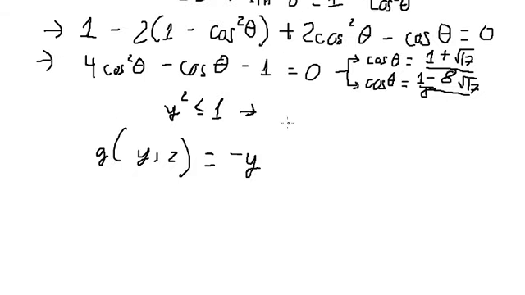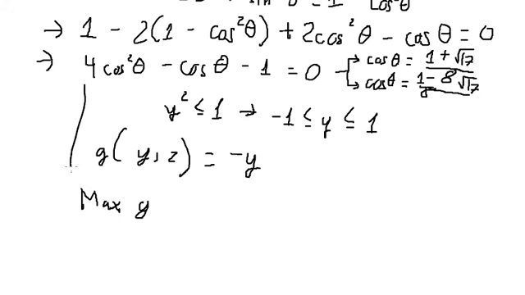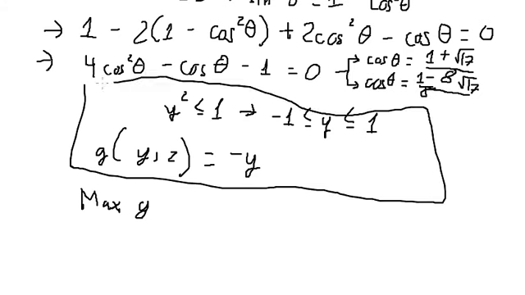That means we have from negative 1 to positive 1. So in this situation, we got the max of G just for one situation.